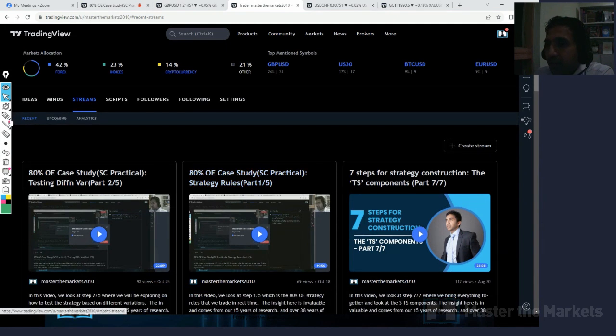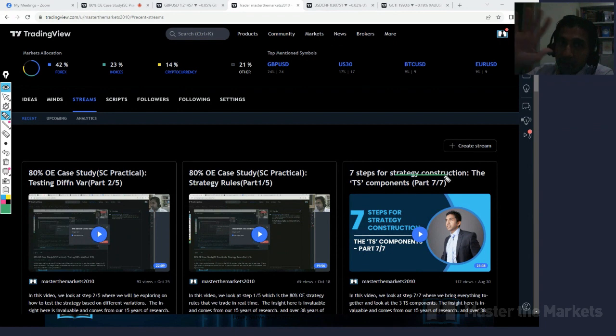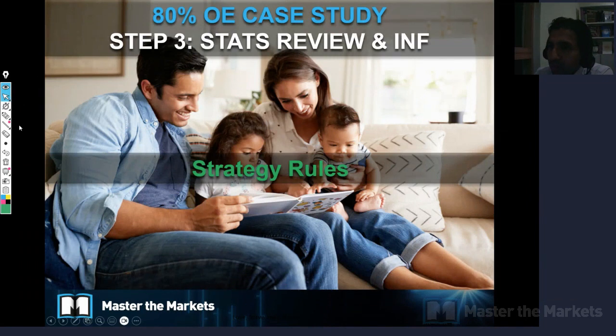We talked about the 7 steps for strategy construction, all the components, what you need to develop the 5 components, right? So once you have transferred all those strategy rules according to the 5 components, then you are ready to look at it and document it and write down all the strategy rules according to the 5 components, as I said, and then you're ready to go live, okay?